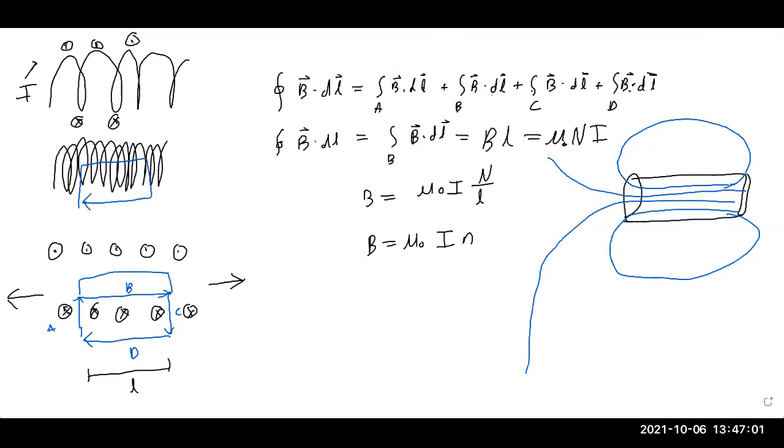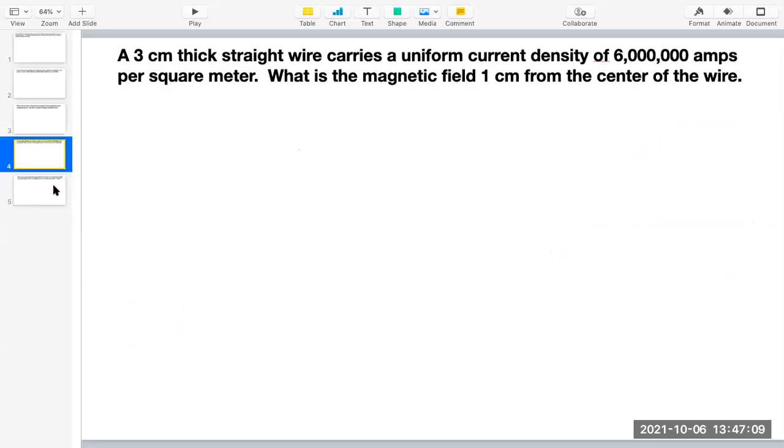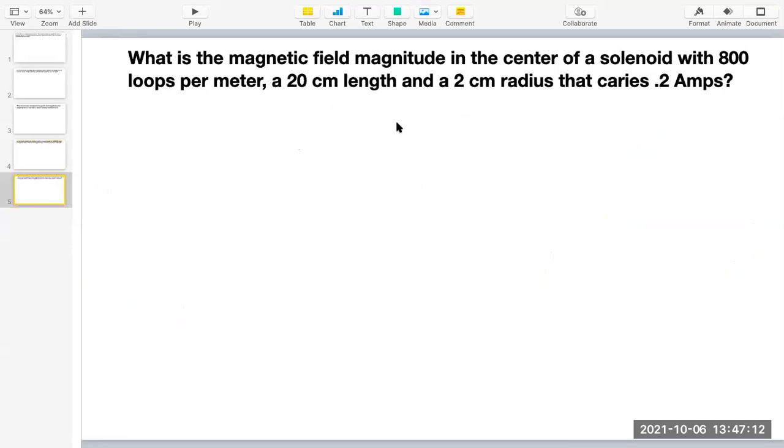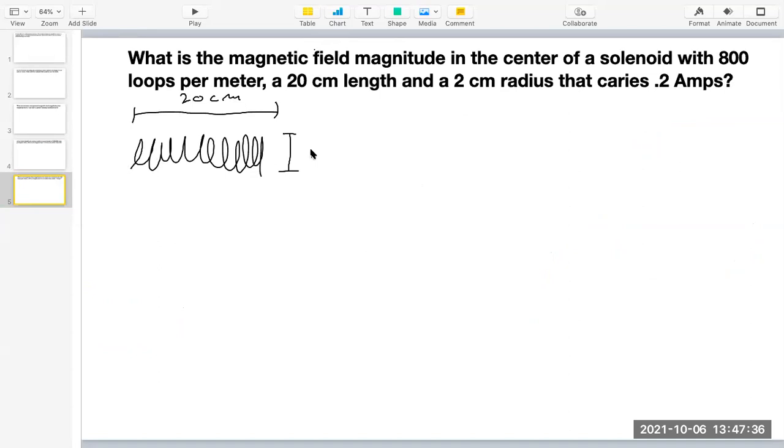Let's see how using it goes. So this solenoid is 20 centimeters long, and it has a 2 centimeter radius, so a 4 centimeter diameter.